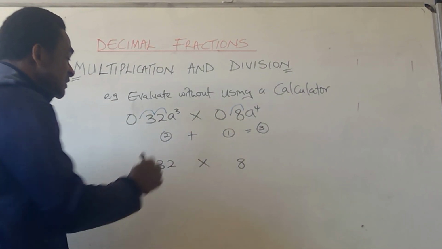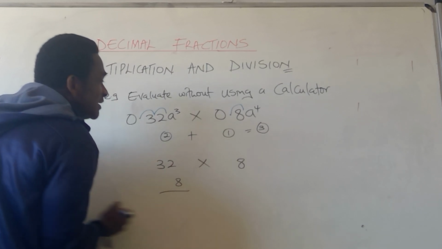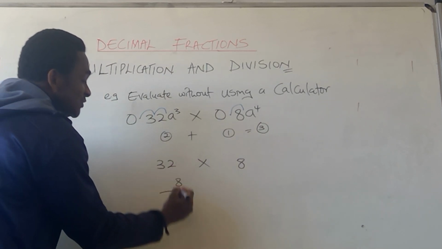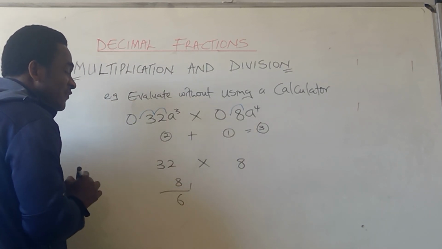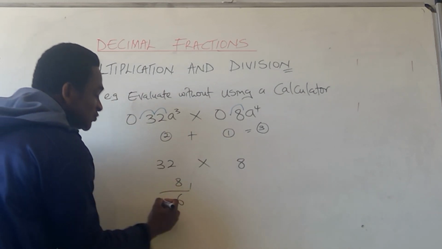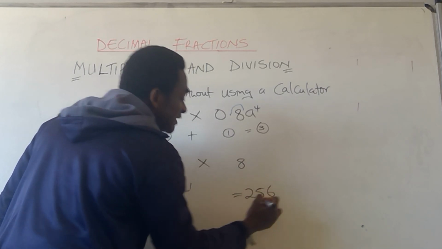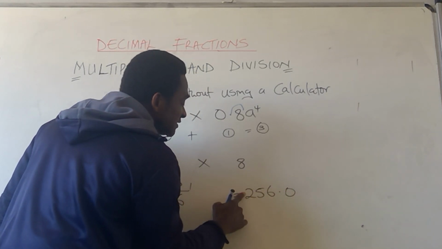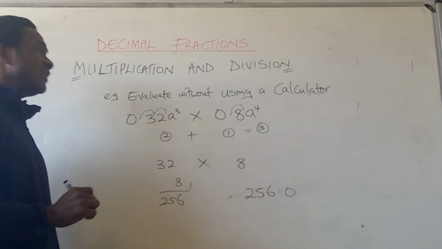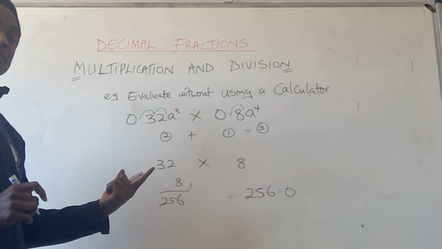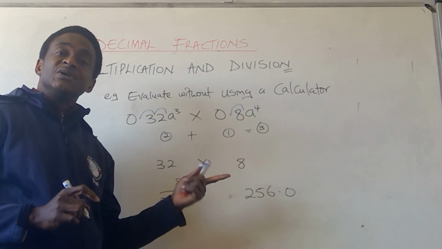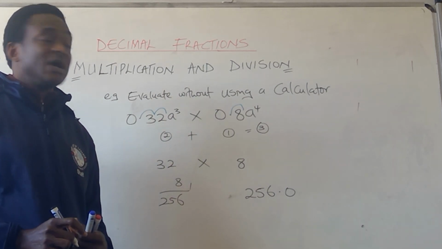32 times 8 can easily be solved. We have 8 times 2 is 16, we take 1 over, 8 times 3 is 24 plus 1 is 25, 256. So we have 256 as our answer. Remember, 256 is the same thing as 256.0. Now we go back to complete the sum by checking the number of decimal places that we took out.